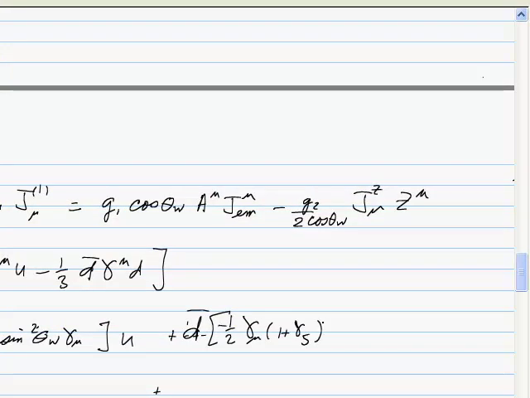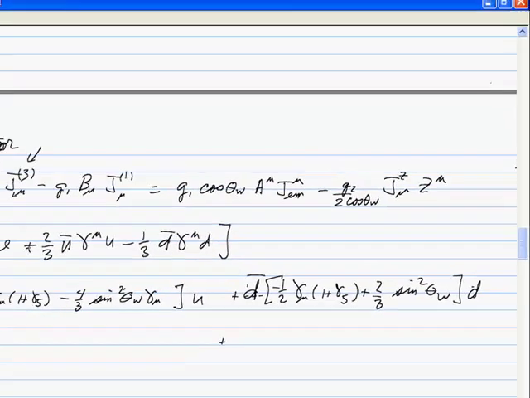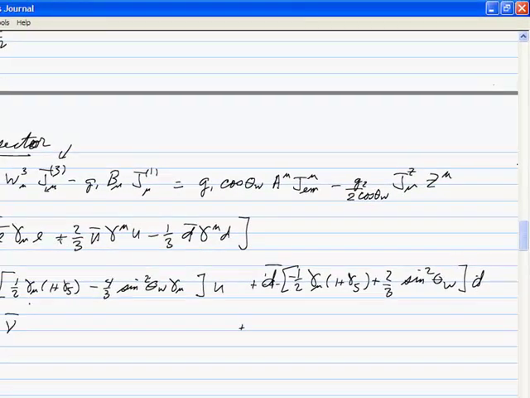That comes with a minus sign there, and it comes with a plus 2/3 sine squared θ_W. This guy, the neutrino, is ν bar 1/2 γ^μ (1 plus γ5) ν, so that has only the left-handed piece.